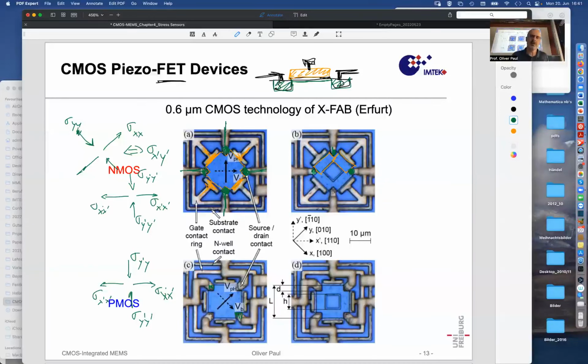And of course, this structure reacts under shear stress, or it's easy to see that it will react to this sigma YY, sigma XX difference, because that resistor gets pulled in the longitudinal direction and squeezed in the perpendicular one, whereas this gets squeezed in the longitudinal direction and pulled in the perpendicular one.